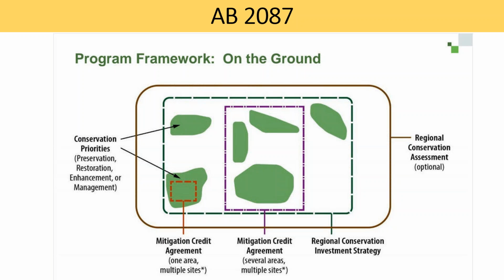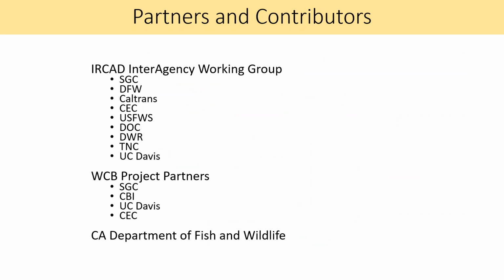But I just wanted to throw this out because the question is how does this all fit? We're working very closely with the Department of Fish and Wildlife, and what we're working on right now is being put forth as the first pilot RCA under 2087 to help inform how that should roll out in the future also.